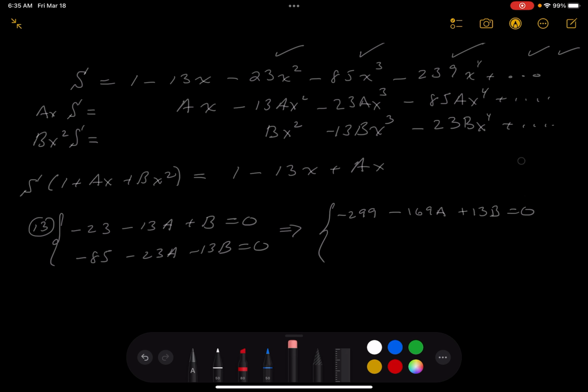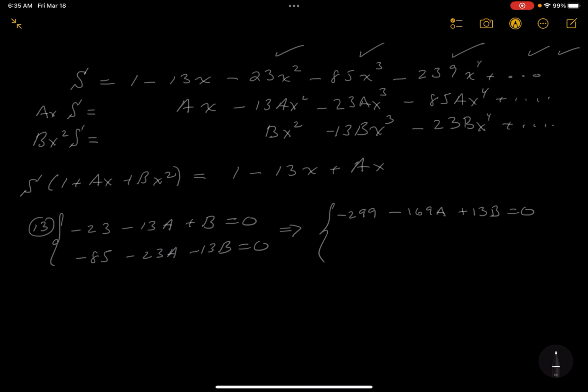These are difficult problems. I'm not saying otherwise. And let me keep going. I'll write this down. Minus 85 minus 23a minus 13b equals 0. All right, the point of that was I'm using the technique of addition or Gaussian elimination, and I'm going to add it together.